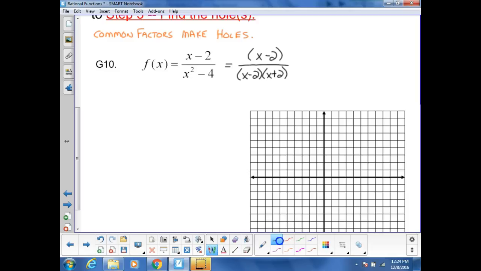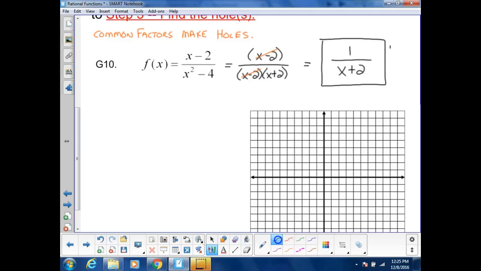So what can happen there? The x minus 2's cross each other out. So that leaves me with what, Wesley? 1 over x plus 2. Now, that function is what I use from now on. This is my new function that I use for the rest of the problem.